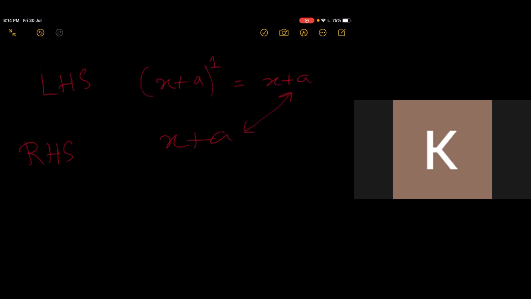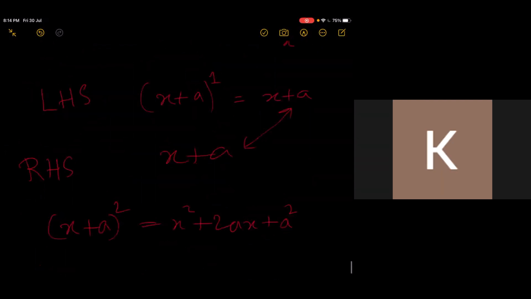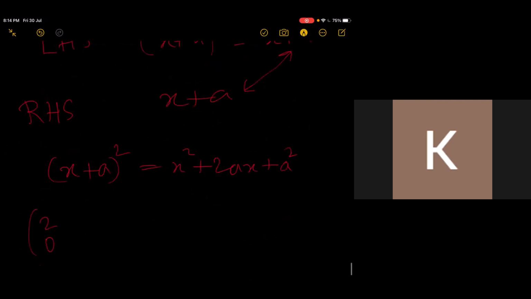You can even check for (x plus a) whole square. You know the formula, x square plus 2ax plus a squared. You learned this in school only. So you can just put 2C0, 2C1, 2C2. All this you can put and you can check that it is coming like this only.